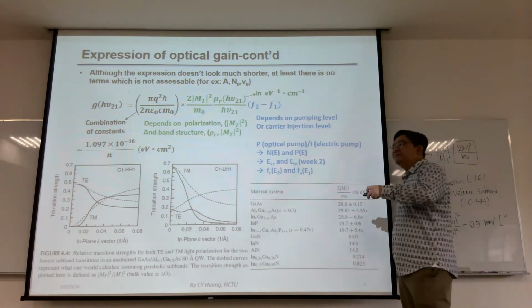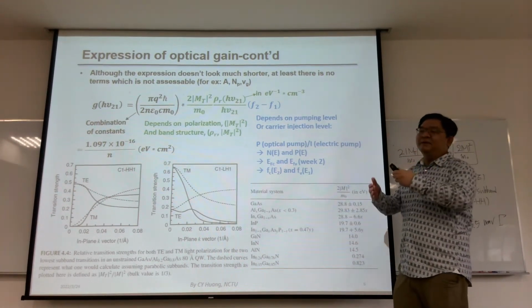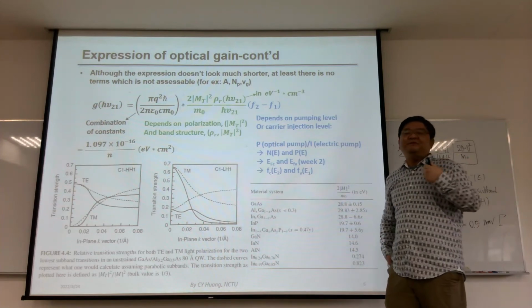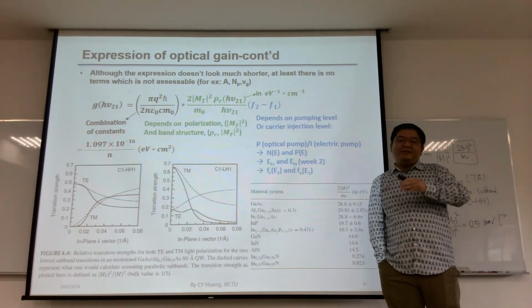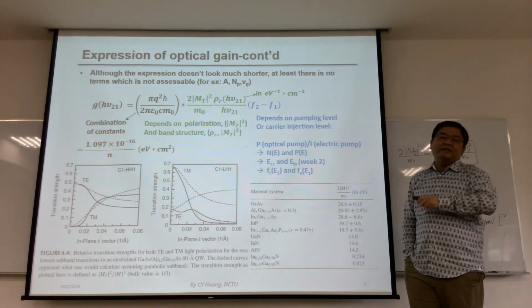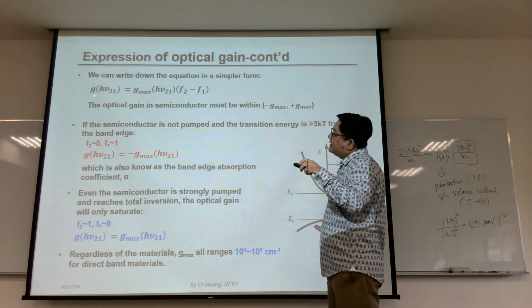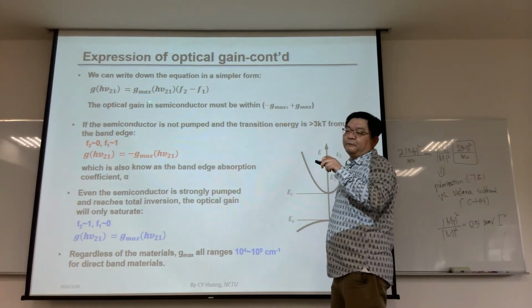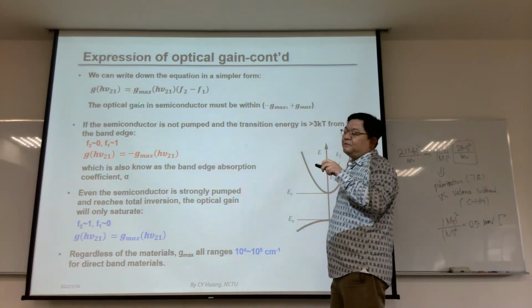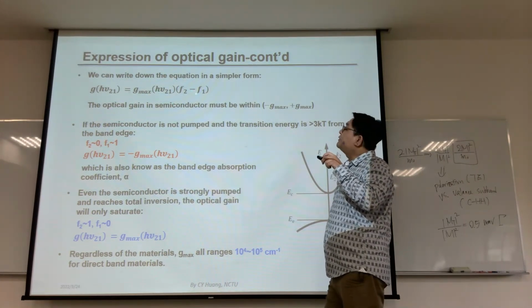It is difficult to calculate, and probably also difficult to understand, but after you take a few courses, just repeat the video one or two times. Alright, so the gain spectrum can give you a maximum value for specific wavelengths times F2 minus F1.